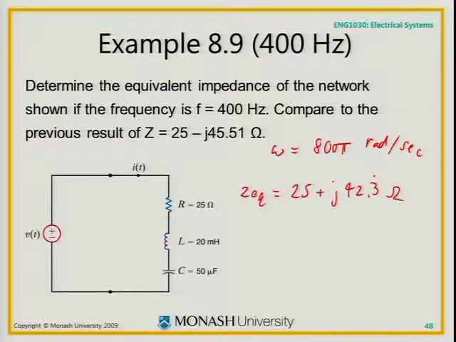Now does it look capacitive or inductive? It's a plus j, that's inductive. So overall it's now starting to look like a resistor and an inductor combination.